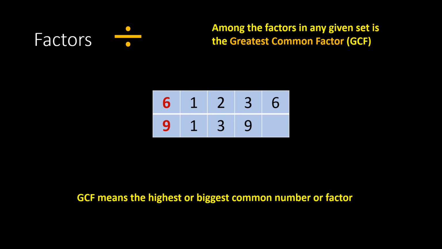For factors, we want to find the highest or biggest common number, and it's called the greatest common factor, GCF. So for these two sets of factors, we can see that 3 is the greatest common factor, the GCF.